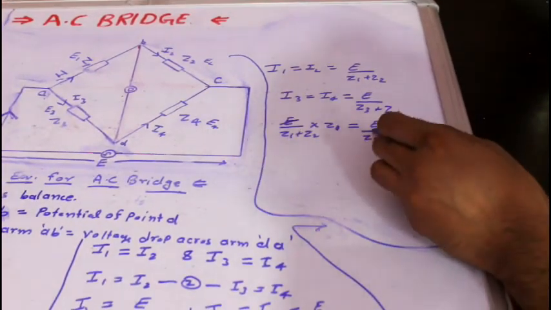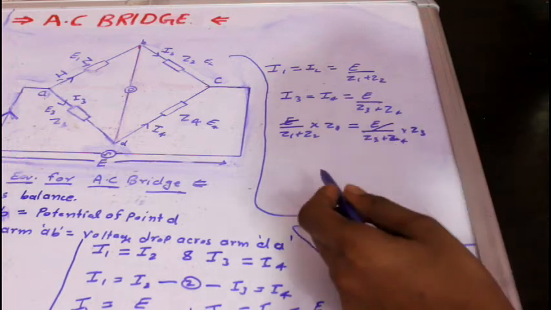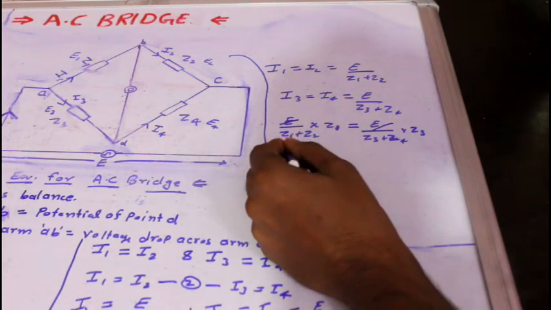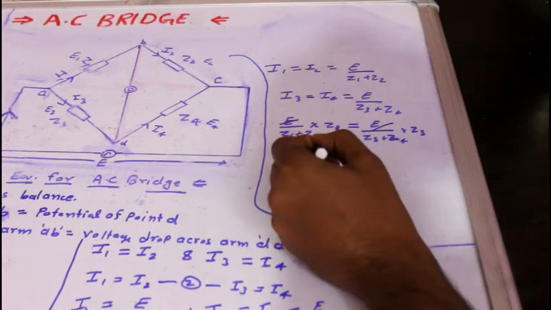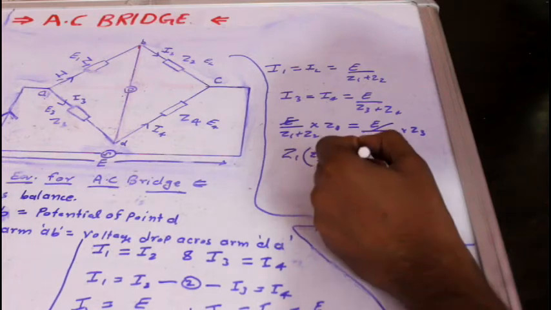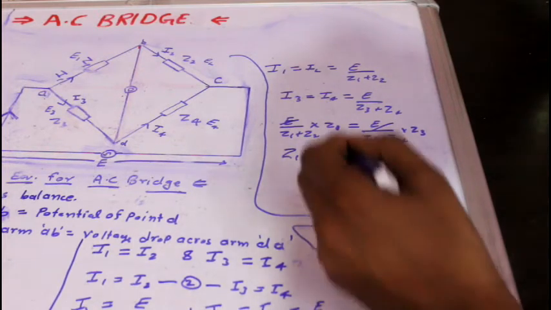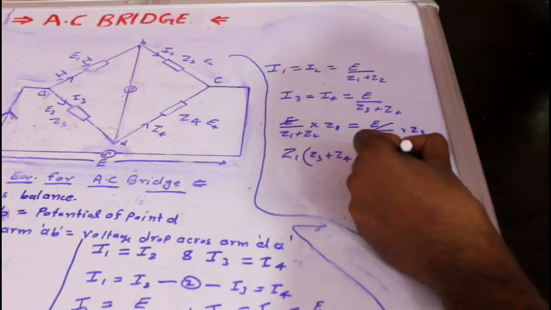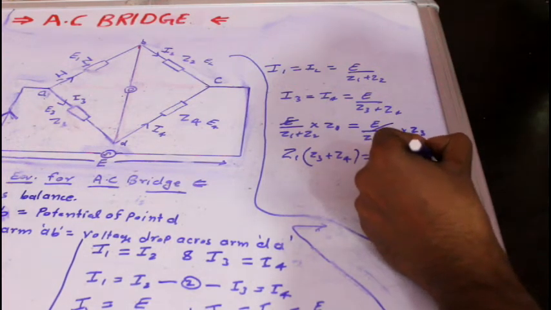The E cancels. Z1 into Z3 plus Z4 is equal to Z3 into Z1 plus Z2.